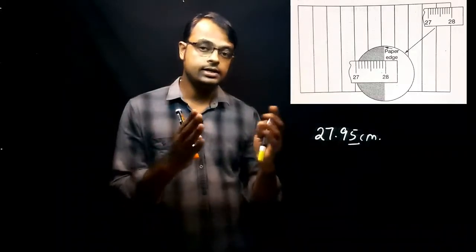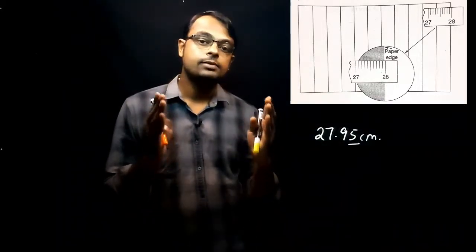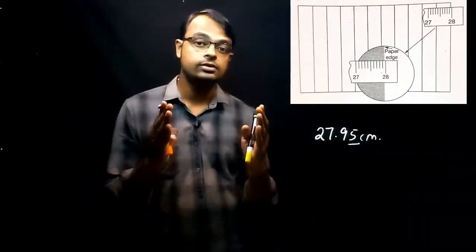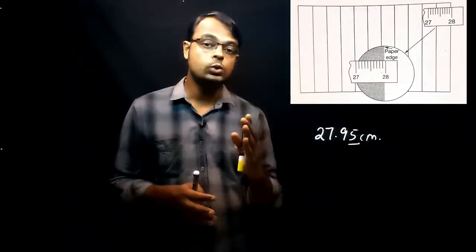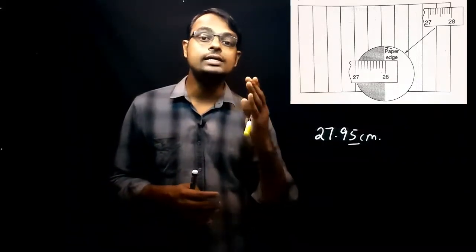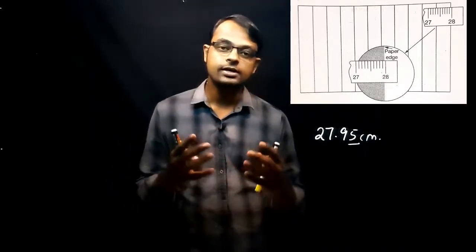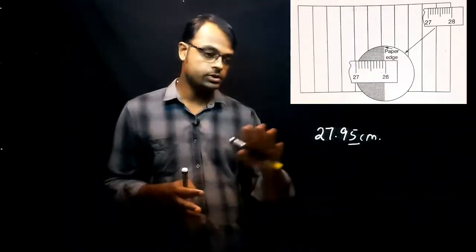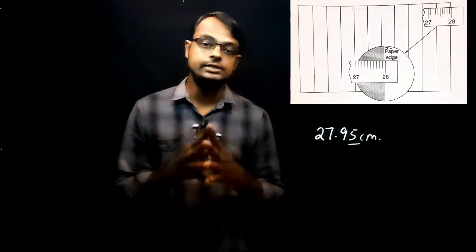In this example, significant figures indicate the precision of the measurement, and it also depends on the least count of the measuring instrument. I hope it is clear what is meant by significant figure or significant digit.